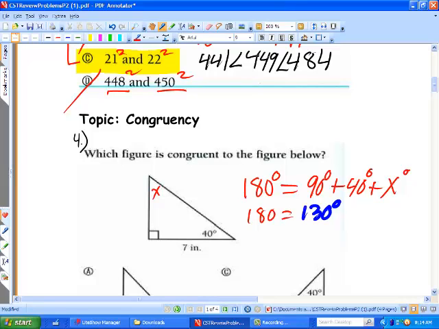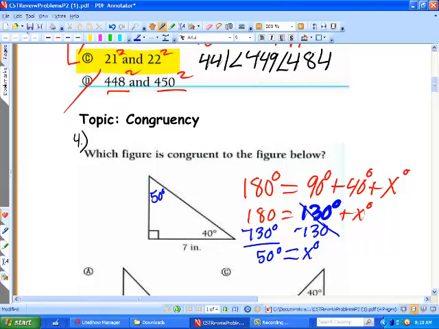The additive inverse of 130 is negative 130, so we're going to subtract 130 from both sides to make x by itself. So our x angle is going to be 50 degrees. We're going to change that inside angle to 50 degrees.